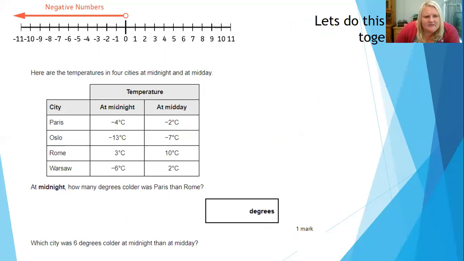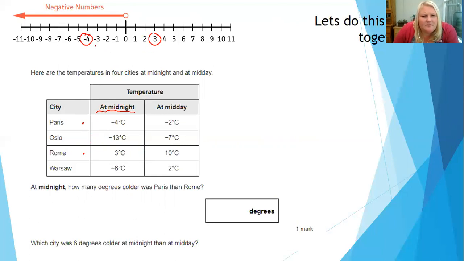At midnight, how many degrees colder was Paris than Rome? So let's look at Paris, let's look at Rome. Let's plot them on our number line at the top if that helps. So Paris was -4 and Rome was 3. We're looking for the difference. How many degrees colder?